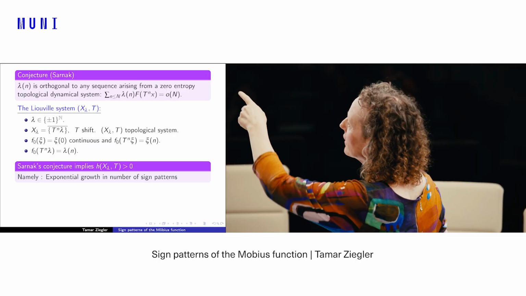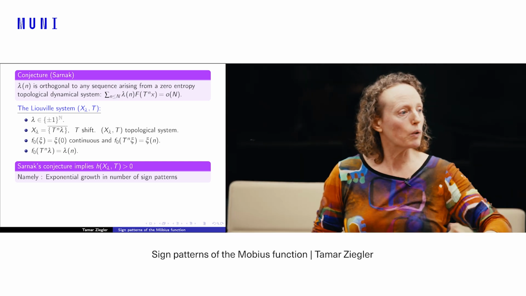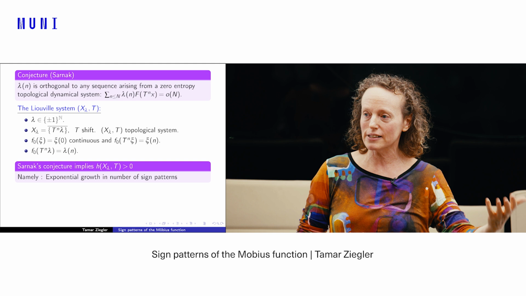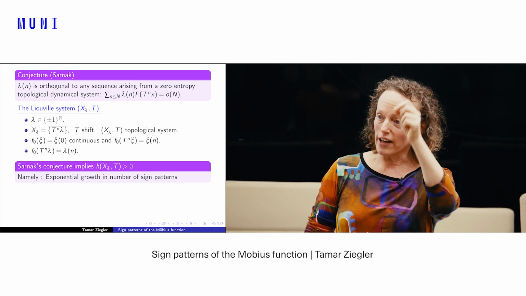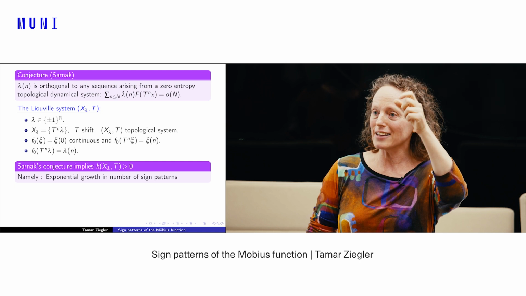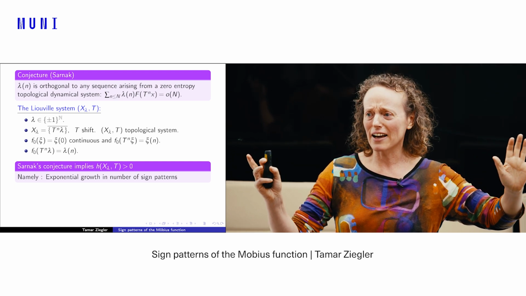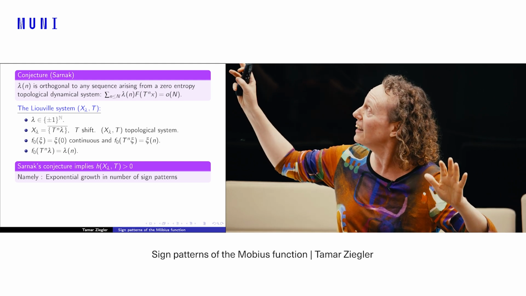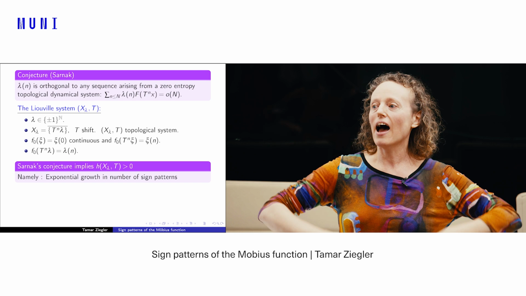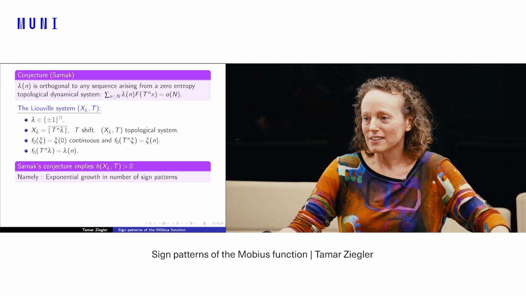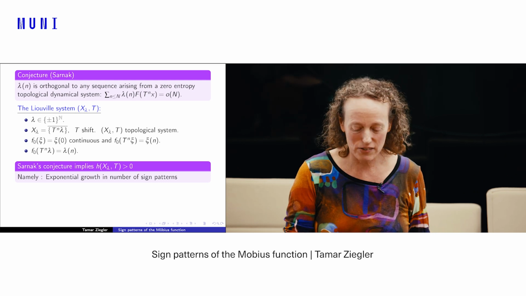So for example, if I do this to the point lambda, f_0 of T^n lambda, that's just reproducing the sequence lambda as a sequence arising from the system X_lambda. Does that make sense? Remember, this was the conjecture: I can reproduce lambda(n) as a sequence arising from its system, in the way that I described how a sequence arises.